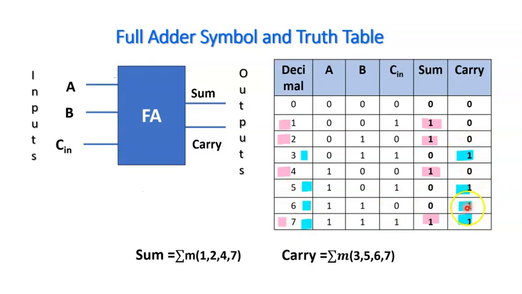In terms of the minterms, wherever your truth table gives you the output as a 1, that combination is treated as a minterm. So for the sum, the minterms are 1, 2, 4 and 7, and for carry the minterms are 3, 5, 6 and 7. It is shown here.